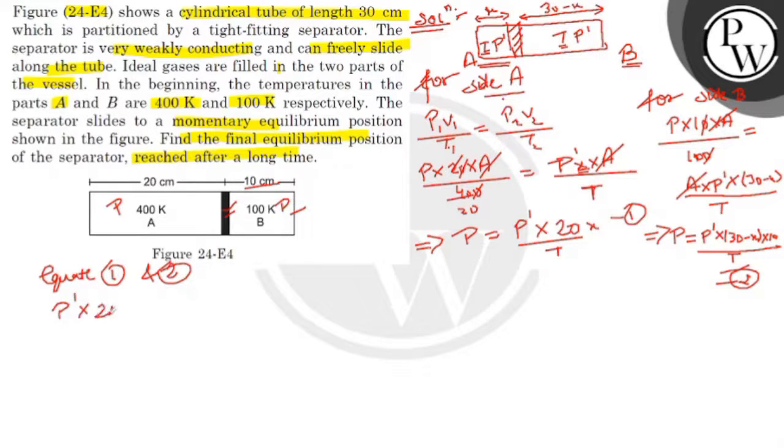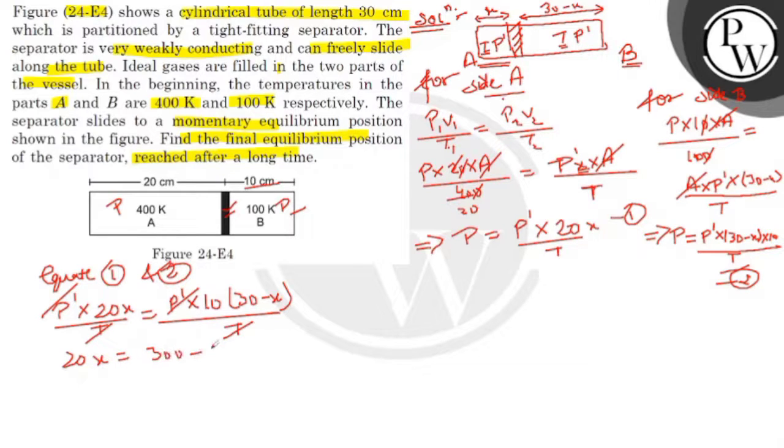P dash into 20x divided by T equals P dash into 10 into 30 minus x divided by T. T is cancelled out by T, P dash is cancelled out by P dash, and here 20x is equal to 300 minus 10x. 10x going here, that is 30x, which is equal to 300, and here you get x is equal to 10 centimeter.